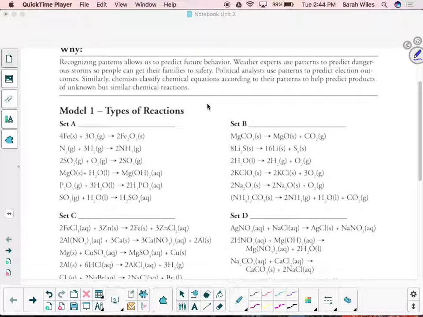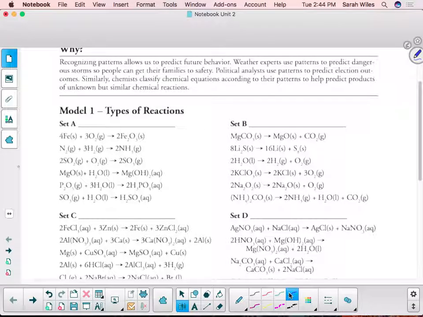Anytime you start with one or with two, be it elements or compounds, and you form a compound, then that is a synthesis.